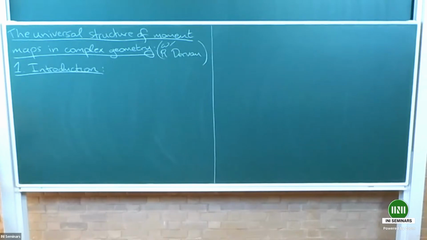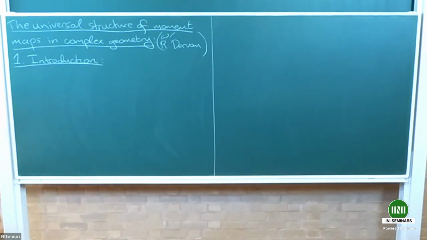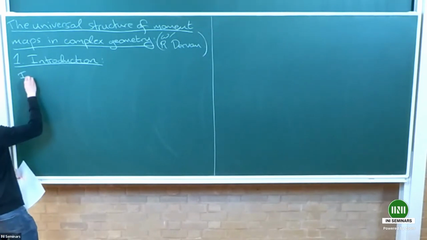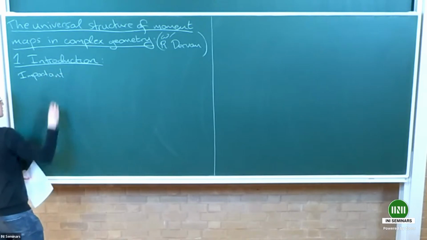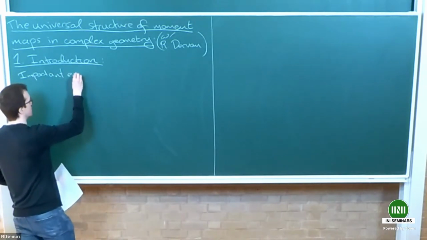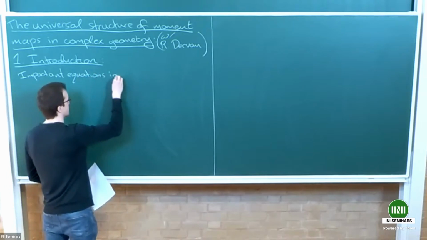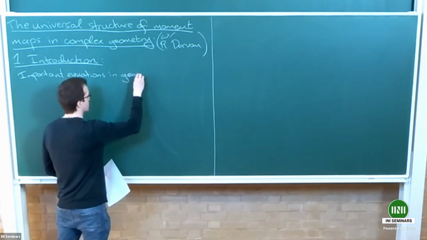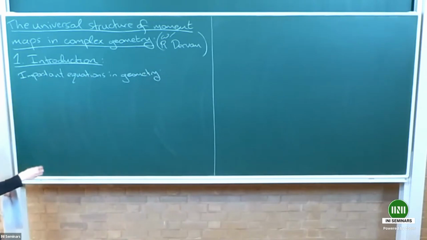So today I'm going to be talking about moment maps in complex geometry. And I guess the general theme is important or canonical equations in geometry. So what are some examples?